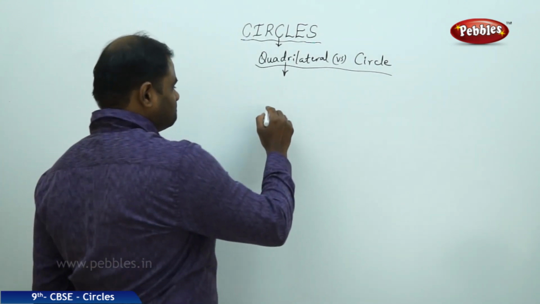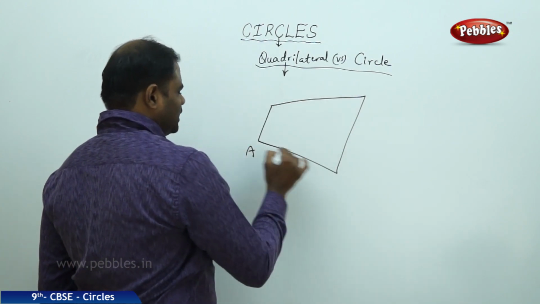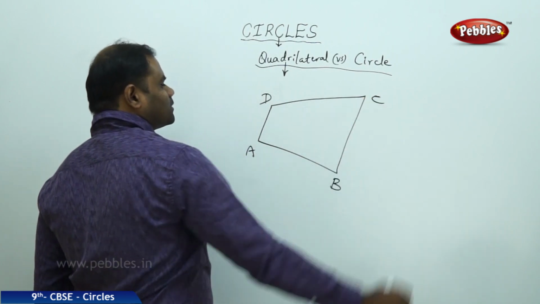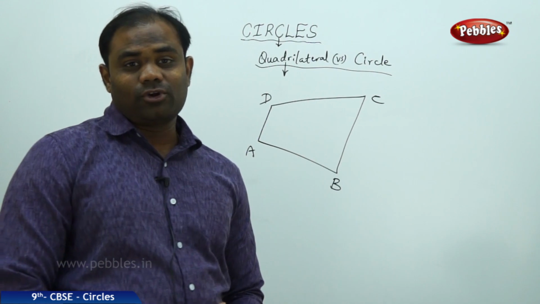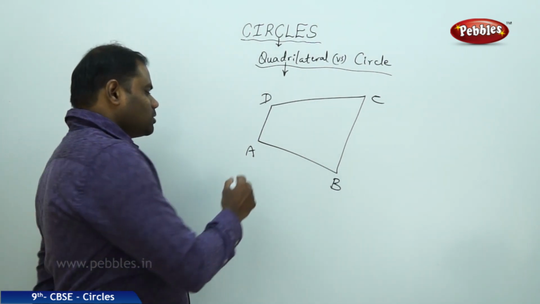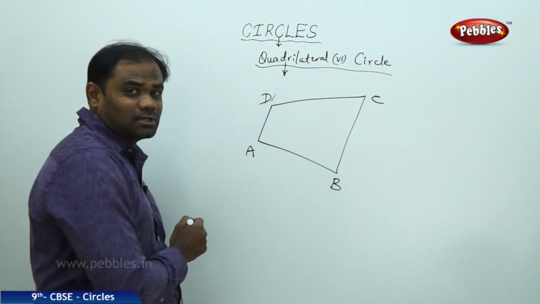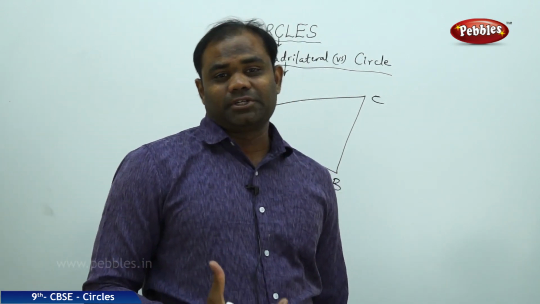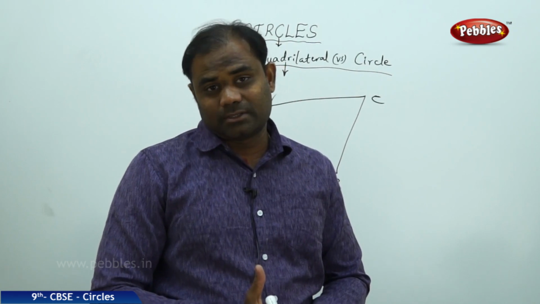For example, I take a quadrilateral A, B, C and D. Just like a triangle where we can draw a circle passing through all 3 points, it is not possible that every quadrilateral can be made to pass through a circle. There are only a few quadrilaterals which have a circle formed exactly with all the four vertices.